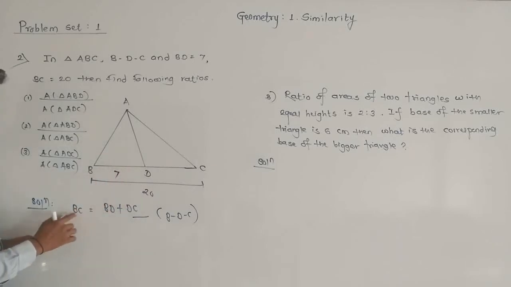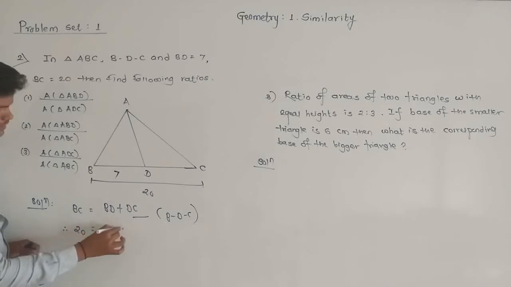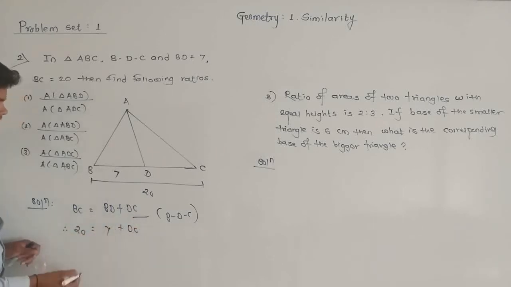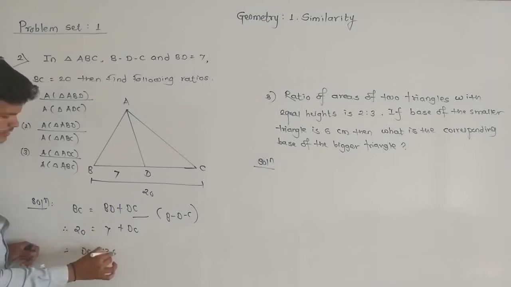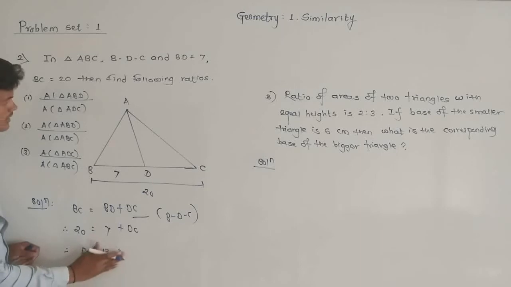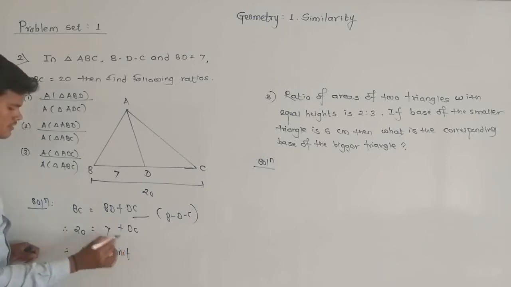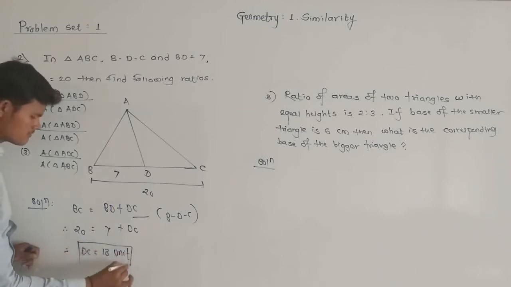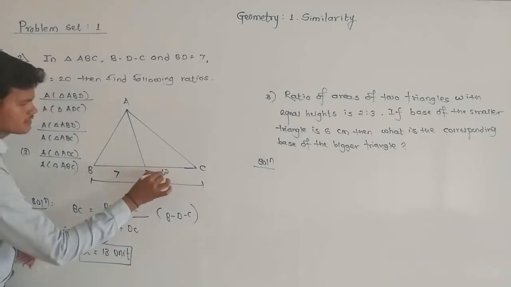Length of BC is known: BC is 20, BD is 7, and we have to find the length of DC. So plus 7 goes to the opposite side, and we get the length of DC as 13 centimeters or 13 units.